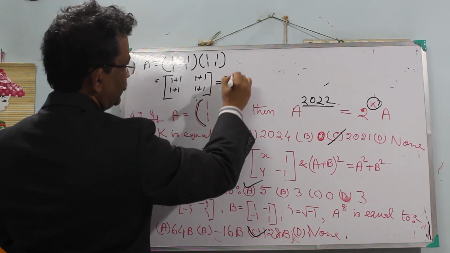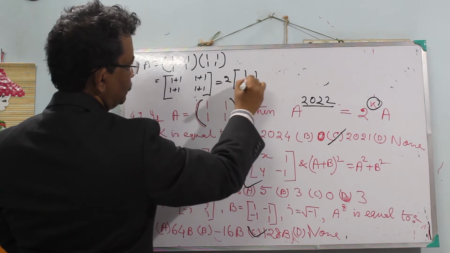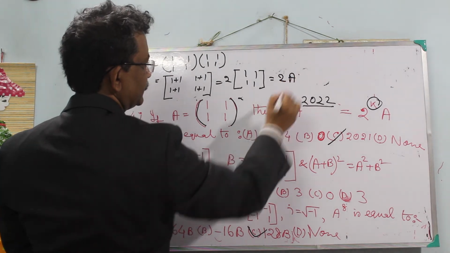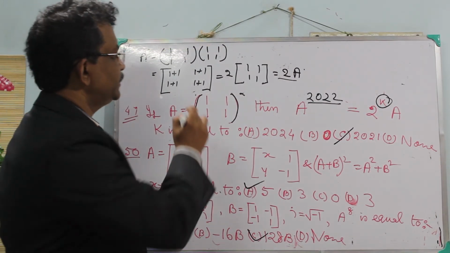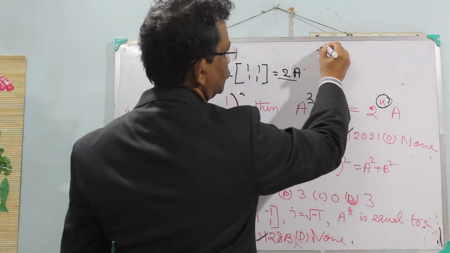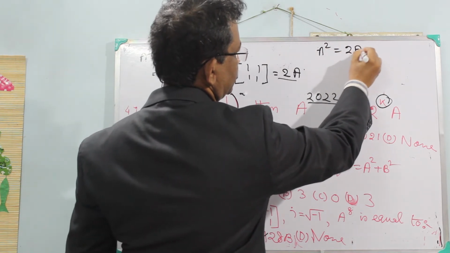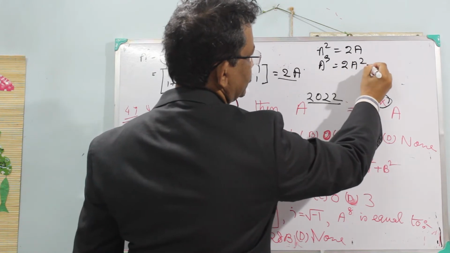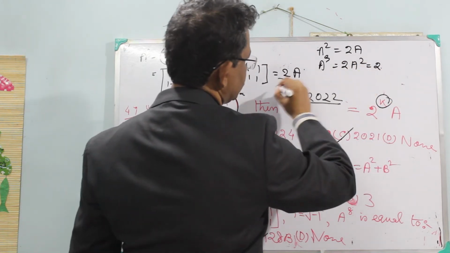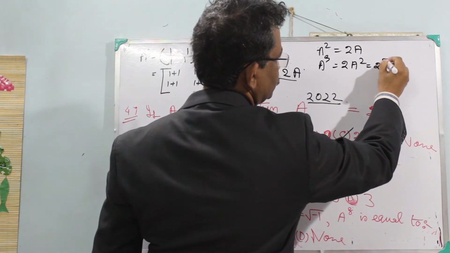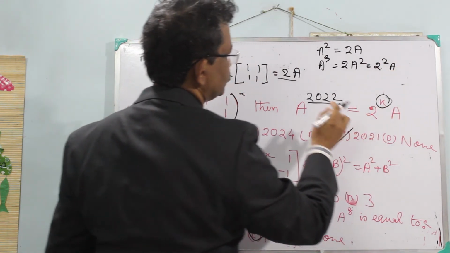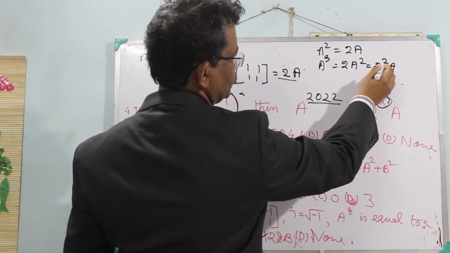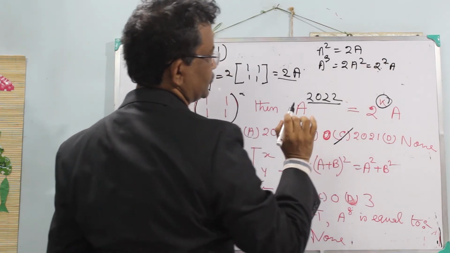I can take 2 common, 1 1 1 1, so it becomes again 2 into A. So we get A square equal to 2A, and A cube equal to 2A square, equal to 2 into 2A, so 2 square A.